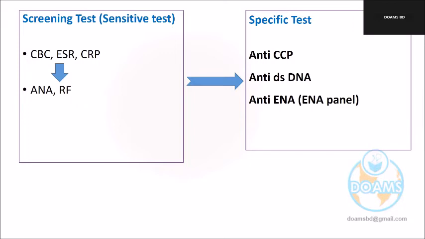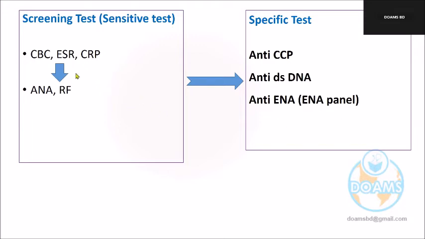At that time, only CBC, ESR and CRP. When clinically there may be 2 or 3 features of SLE, the first-line investigation will be CBC, ESR, CRP with anti-nuclear antibody. Sometimes in our practice, an advanced, or rather confident, clinician will include anti-dsDNA also, because you are clinically confident of SLE.